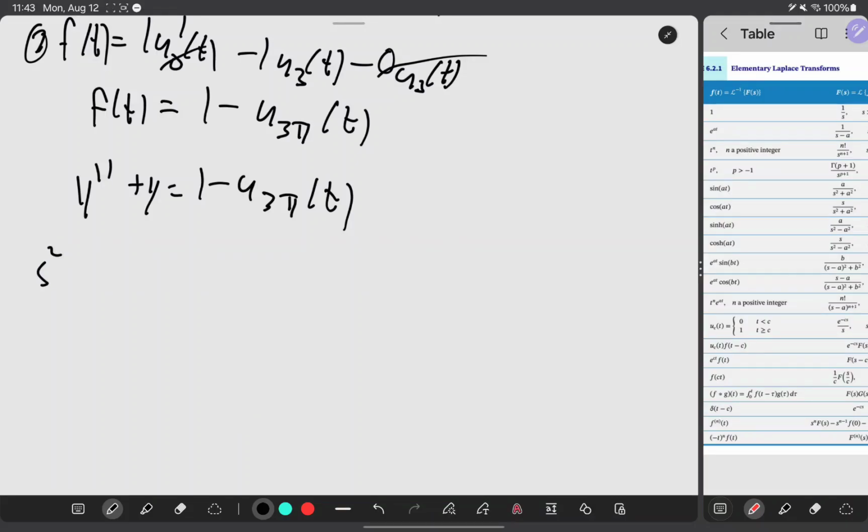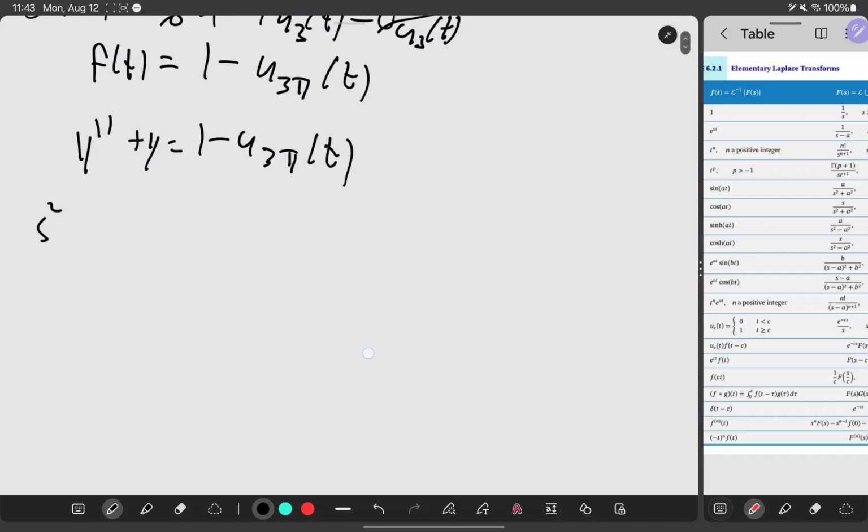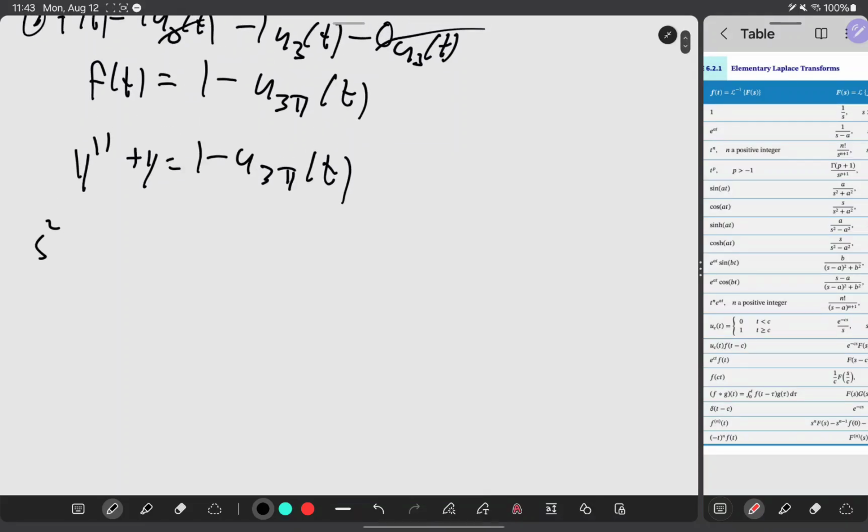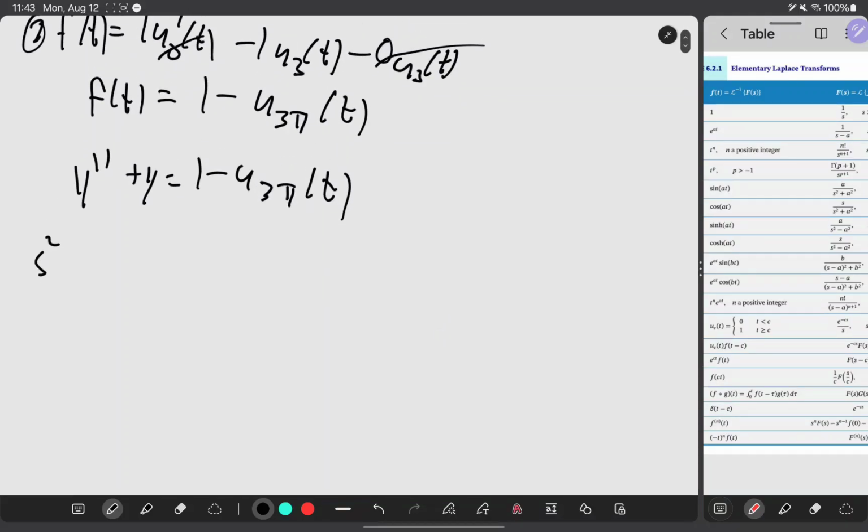We go into y of s world, simplify, and then take the inverse Laplace to go back. We get a nice equation that will be much easier to solve than what we currently have.